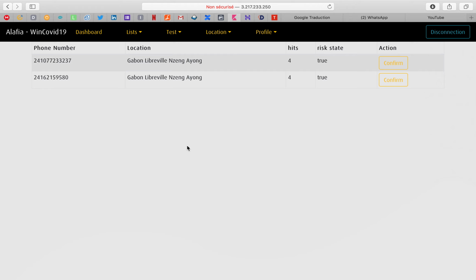And it's thanks to this advanced technology that the system can detect, according to the terms described above, the people connected to our application and who are at risk.